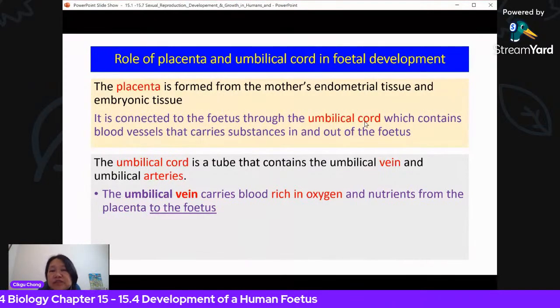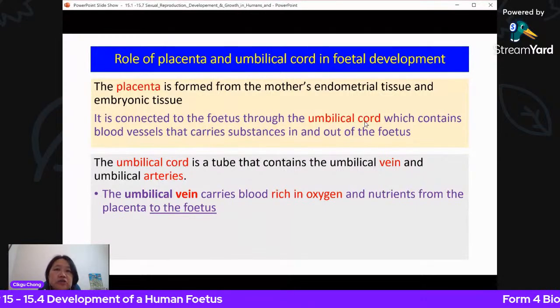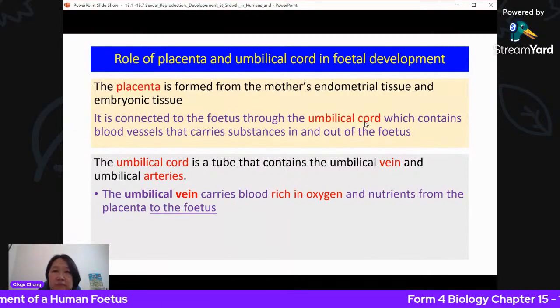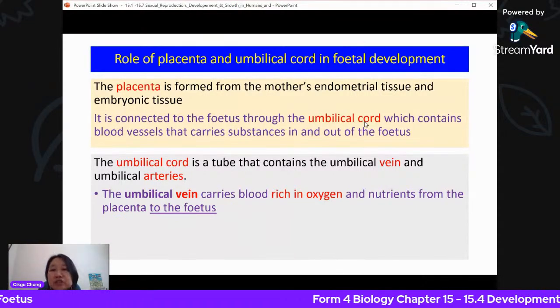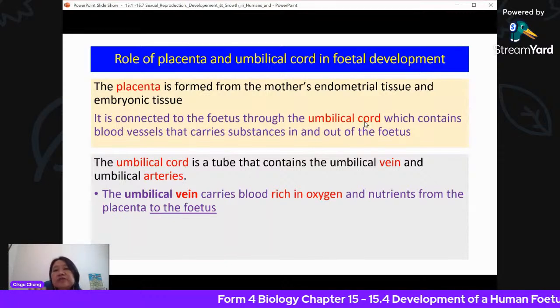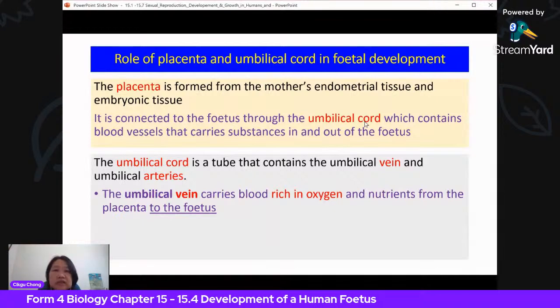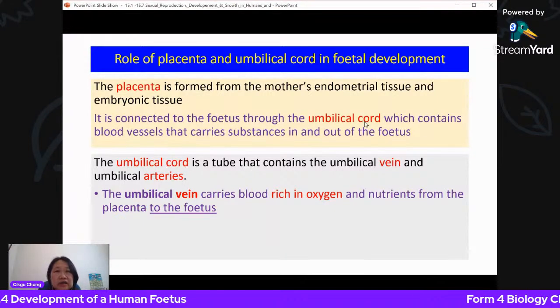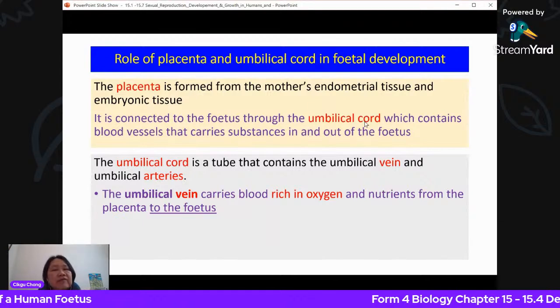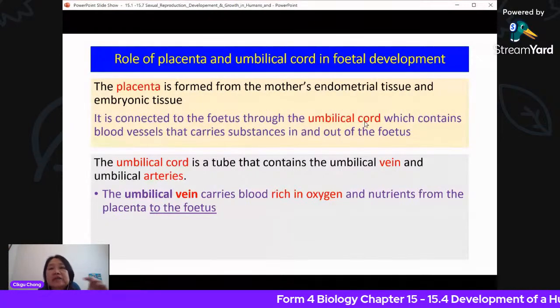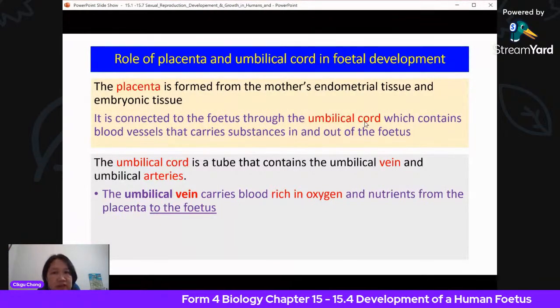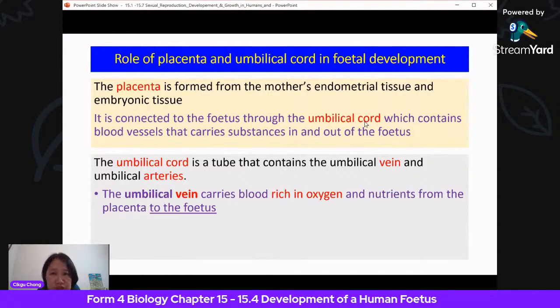So the definition of artery is not by what type of blood it carries, but the direction of flow. If the blood vessel flows away from the heart, that is known as an artery. A vein is the blood vessel that carries blood back to the heart. That is why it's known as a vein, not because it carries deoxygenated blood.